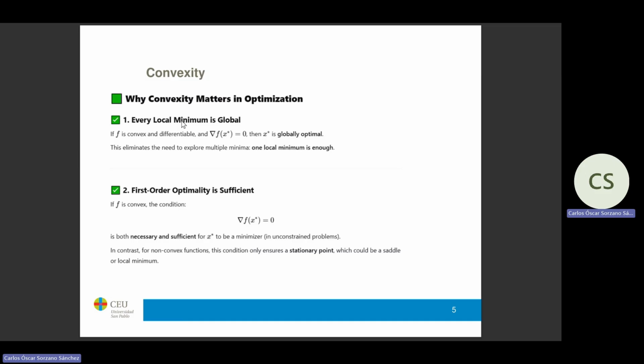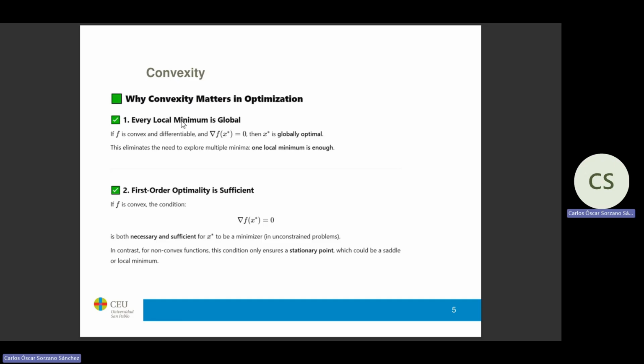Because if a function is convex, then there are many nice conditions that save you a lot of time when optimizing it. So the main property is this one, that every local minimum is a global minimum. So if you find a local minimum and the function is convex, then you know that minimum is global. And this is a consequence of that.